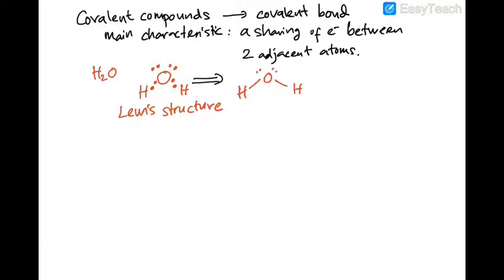Okay? So what can you see now? What can you compare between this drawing over here and the picture over here?